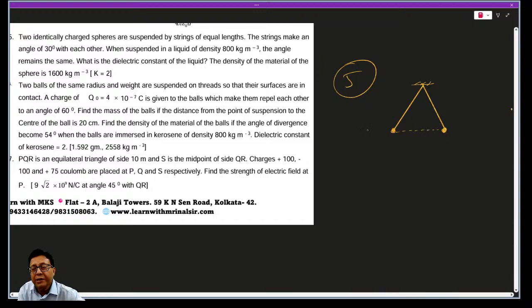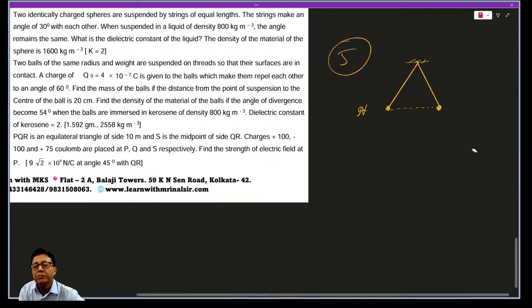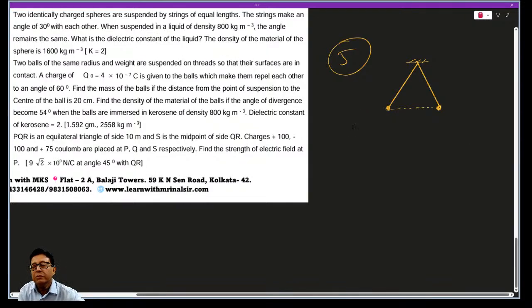They are identically charged, charge each equal to Q. Okay? 30 degree with each other.